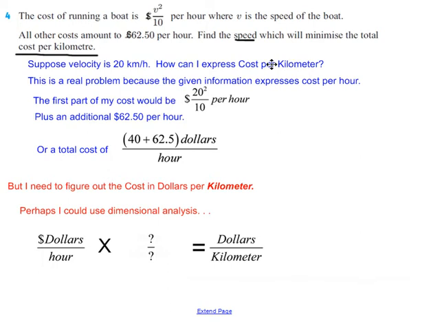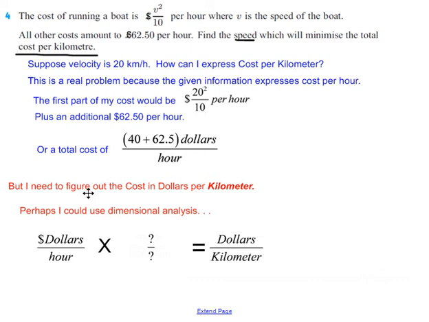For starters, 20 kilometers per hour squared is 400, divided by 10 gives me $40 per hour, plus the additional $62.50 per hour, or a total cost of $102.50 per hour. But again, I need to figure out cost per kilometer.